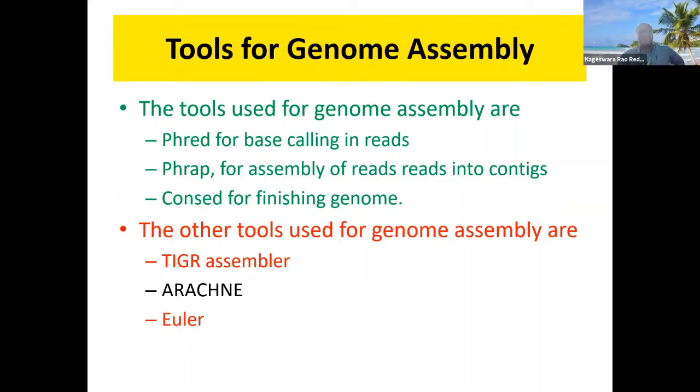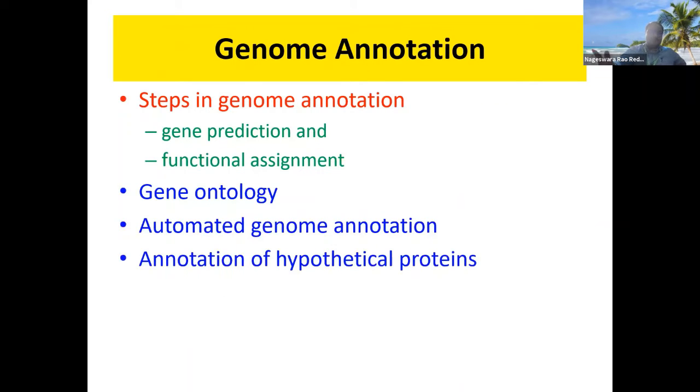So TIGR is a complete one step tool. Arachne is also a one step tool, and Euler is also a one step tool. Arachne and Euler follow a heuristic approach, and TIGR assembler follows a sequential or systematic approach for doing genome assembly. Okay, so this is what we have learned about the tools for genome assembly.